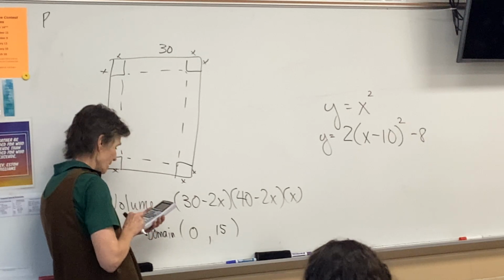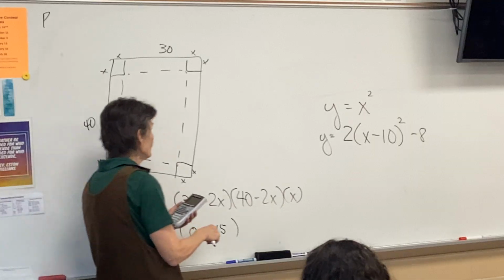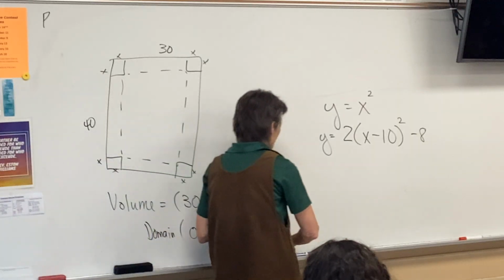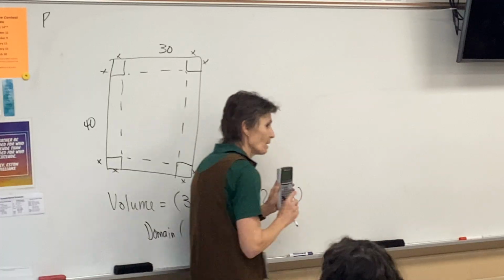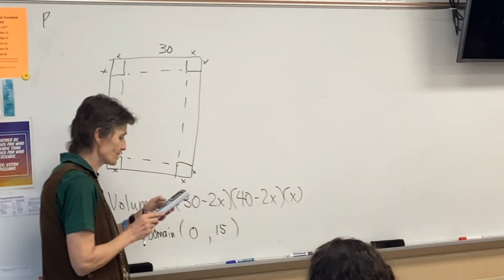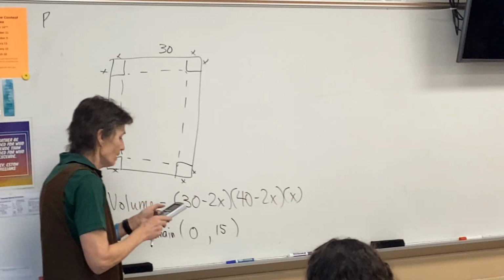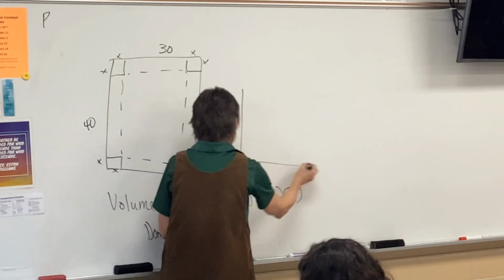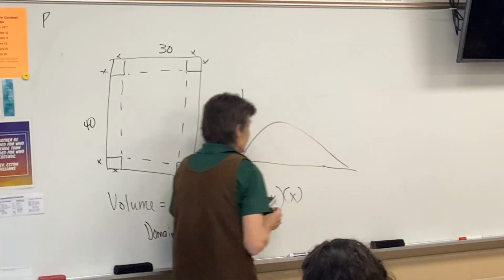That wasn't high enough, so I'm going to go to 5,000. There we go. I'm talking about my y's in my window. I use 0 and 5,000. You have some flexibility there, but it gave me a nice picture. Something that looks like this.